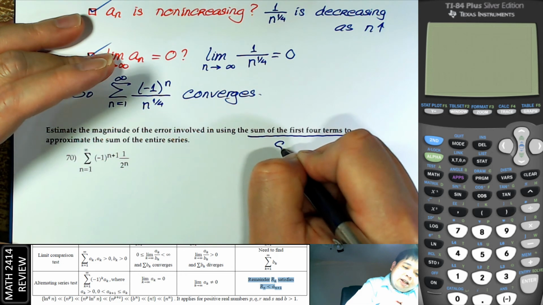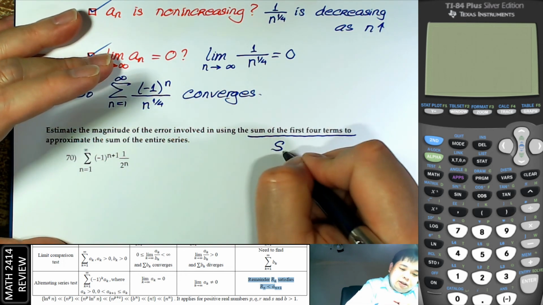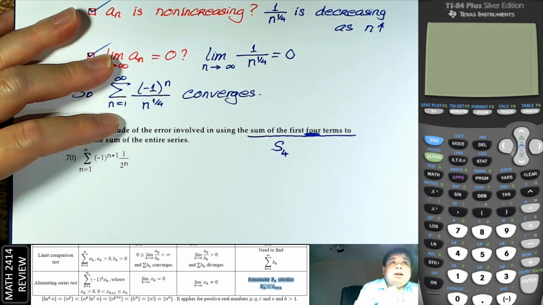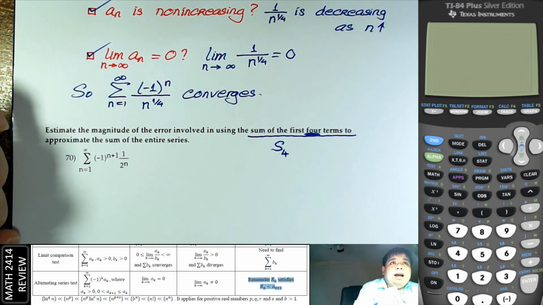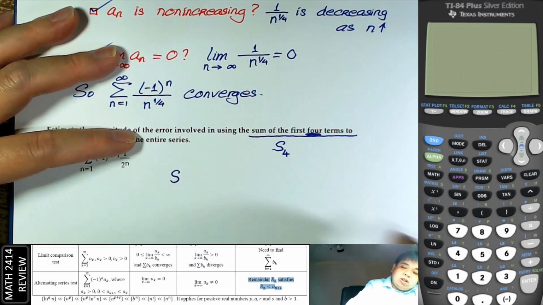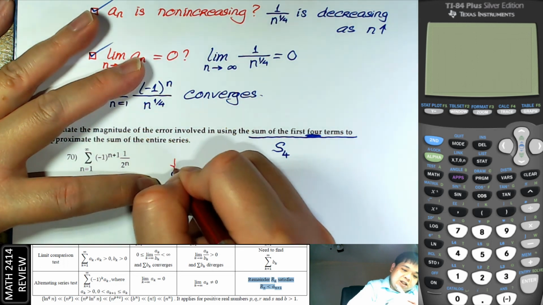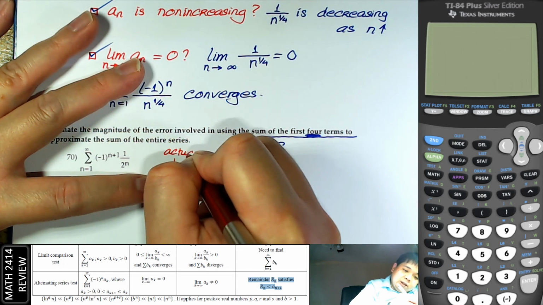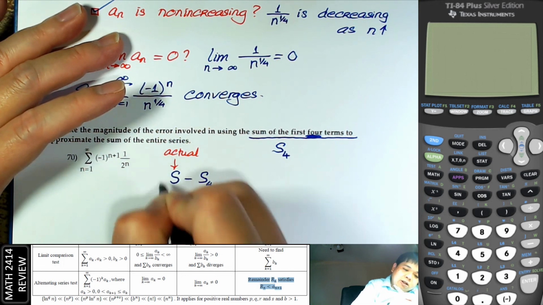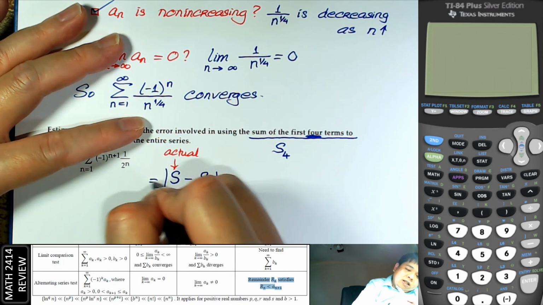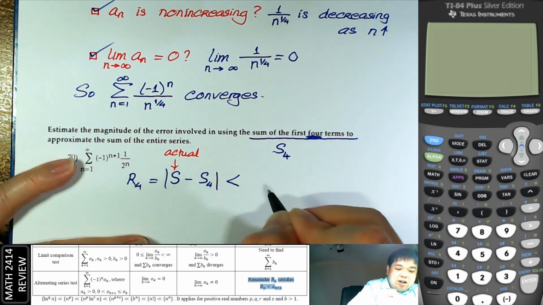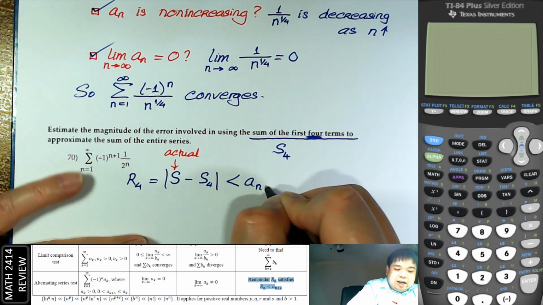So if we want to estimate using the sum of the first 4 terms, that is going to be s of 4, the first 4 terms. And the difference between the actual sum, s being the actual value, minus s of 4, with absolute values, is called the remainder. The remainder is less than the next term, in this case a sub n plus 1.